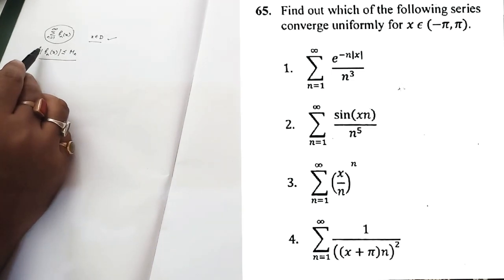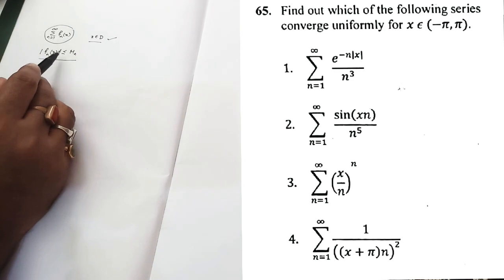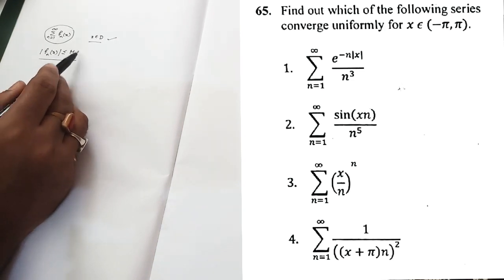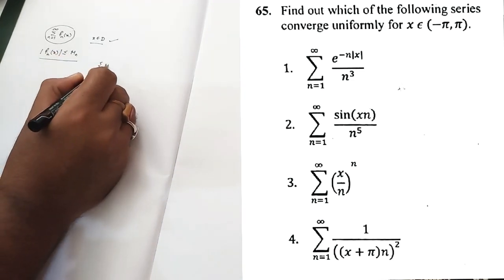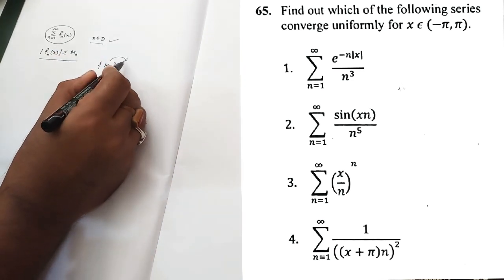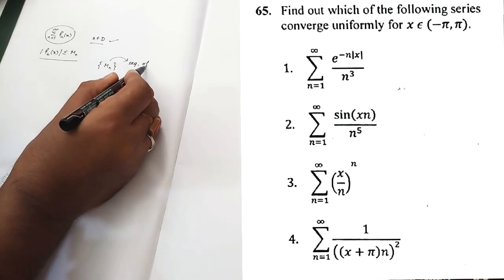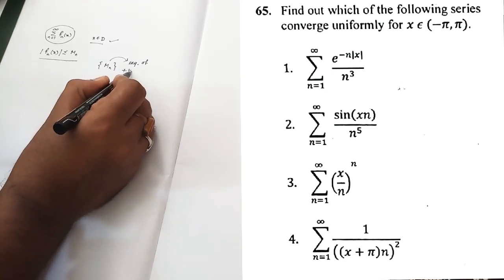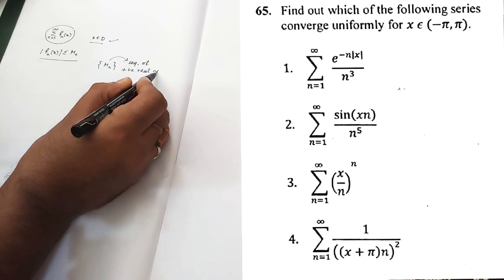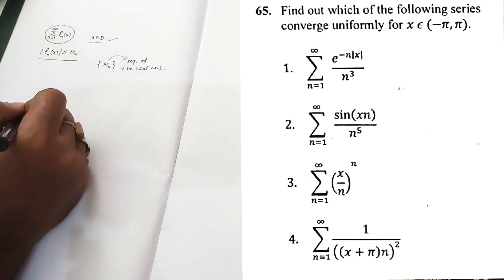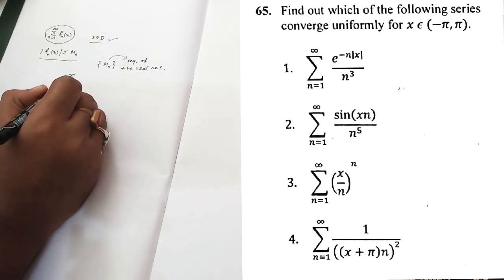First of all, mod of f_n(x) is less than or equal to some M_n, where this M_n is a sequence of positive real numbers.